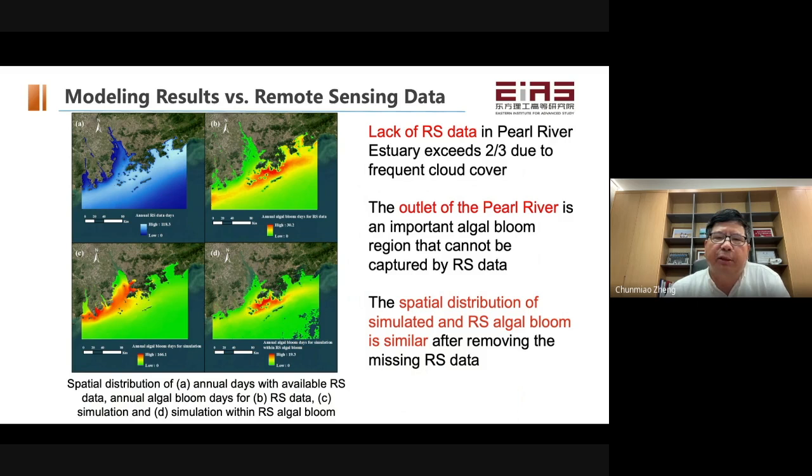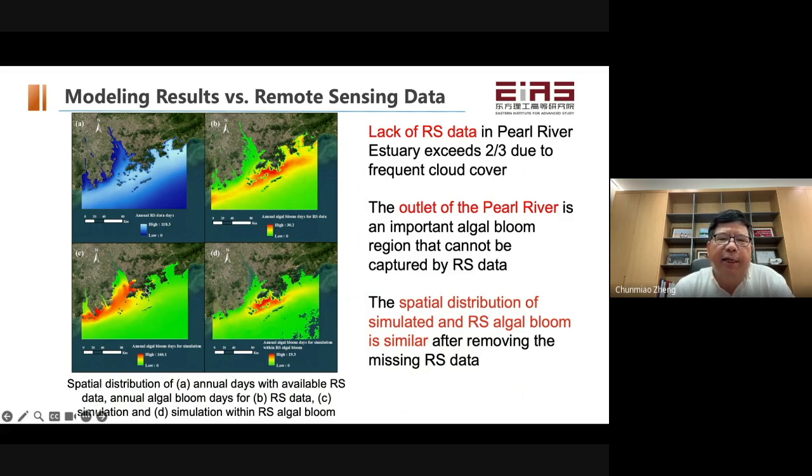We simulate directly how much nutrient from our study area discharges into the ocean, and then we compare. Here at the top right is our remote sensing data, and the lower left is the simulation from the physically based model.